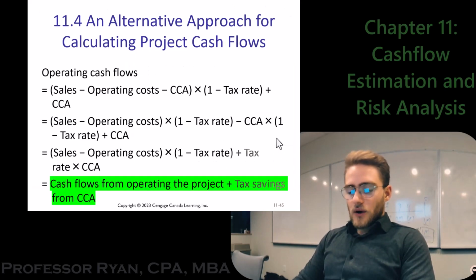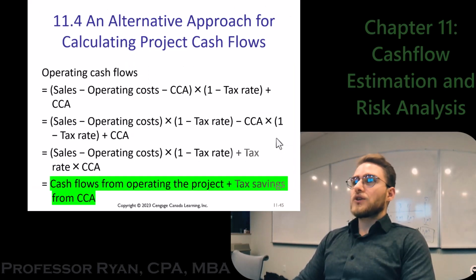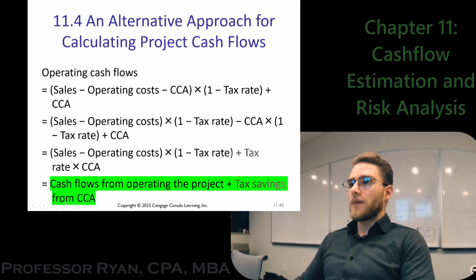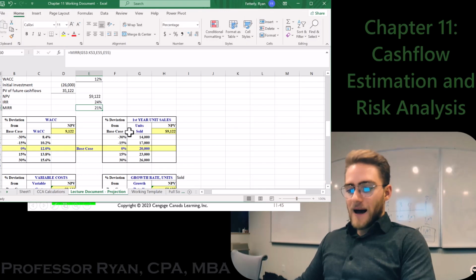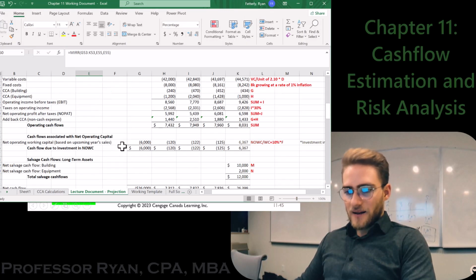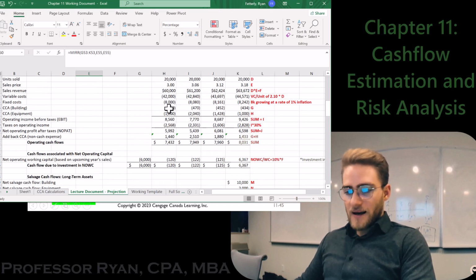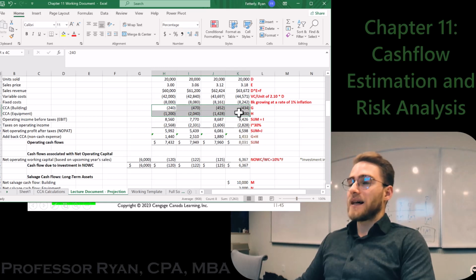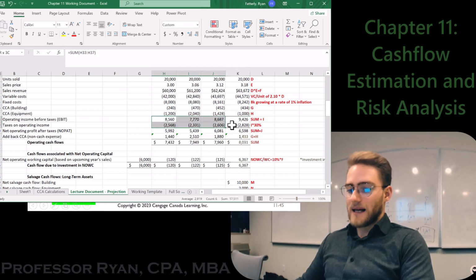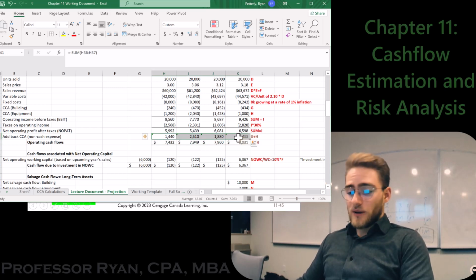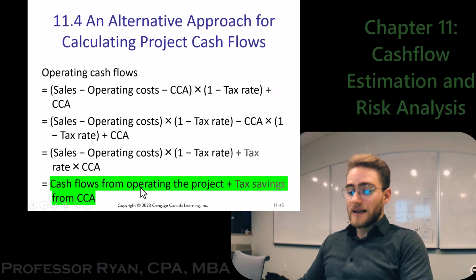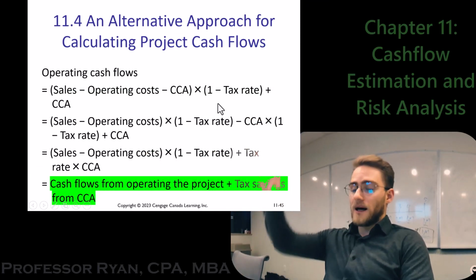All right, so an alternative approach, right? As opposed to this, where we basically went through and factored in all of the CCA like we did here, and then after factoring in all of the CCA that we get to deduct, calculating the taxes, and then adding back the CCA, if we didn't want to do any of that, what we could do instead is just calculate the cash flows from the operations of the project, which is that first top line that we did.